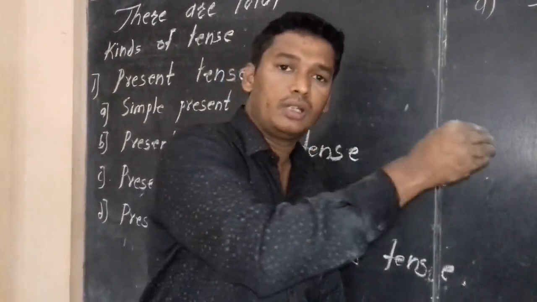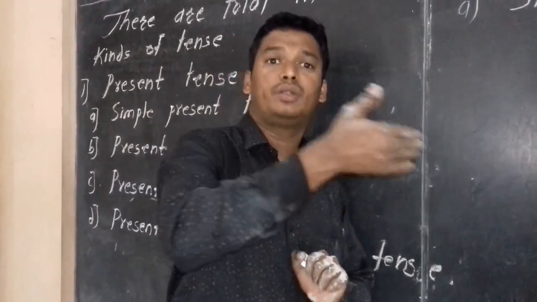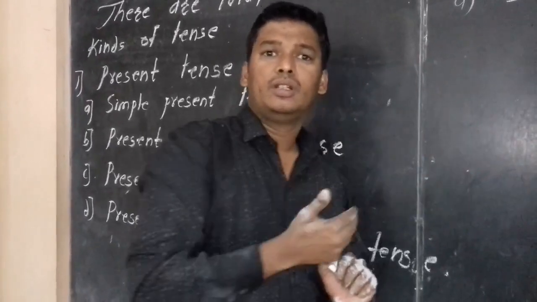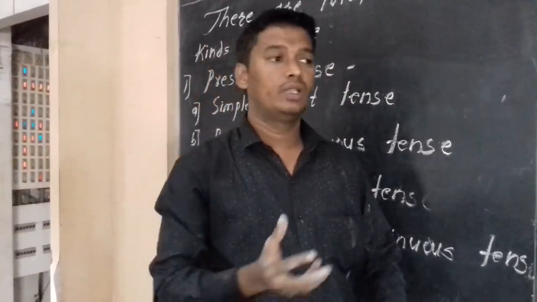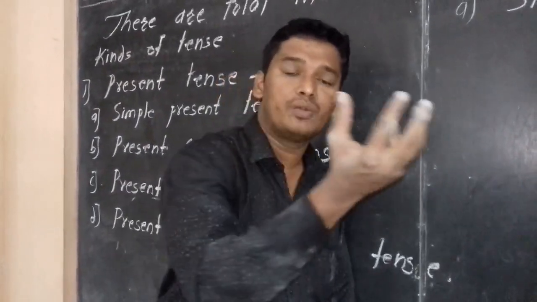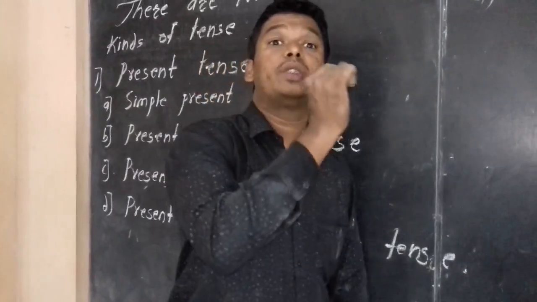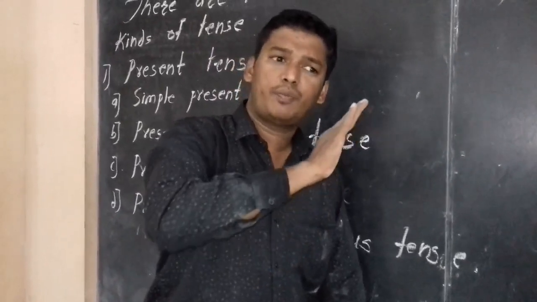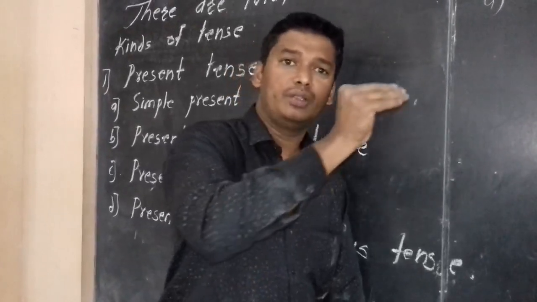I give an example of that. Look, the example of universal truth: The earth revolves around the sun. It is universal truth because it cannot be changed at any time. It remains forever the same.